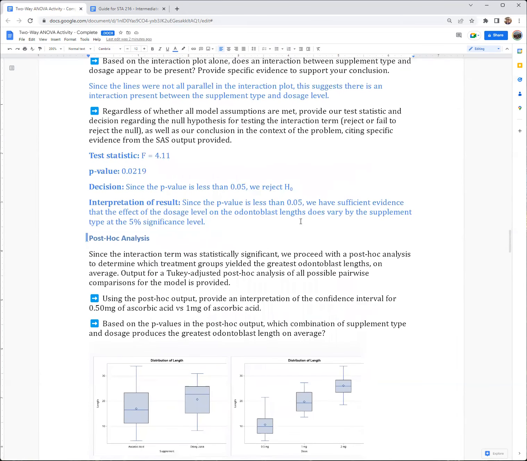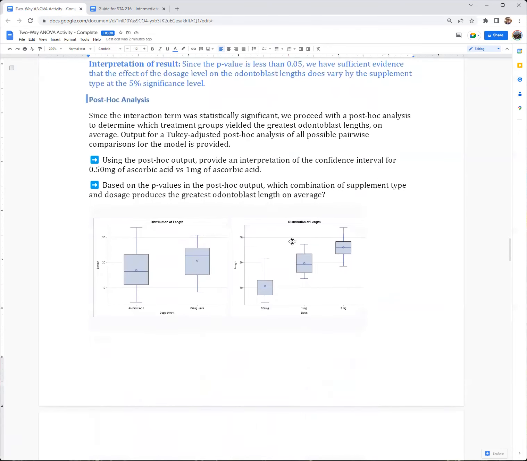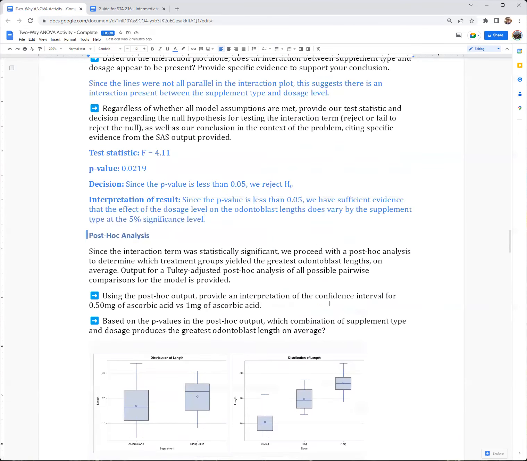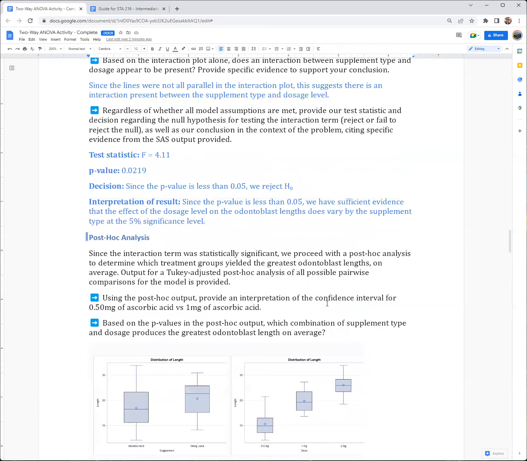So now that we have our final model, it's statistically significant, the interaction is important, we proceed to a post hoc analysis. So for the post hoc, we're going to figure out which treatment combination exactly do we expect to give the greatest odontoblast lengths on average.